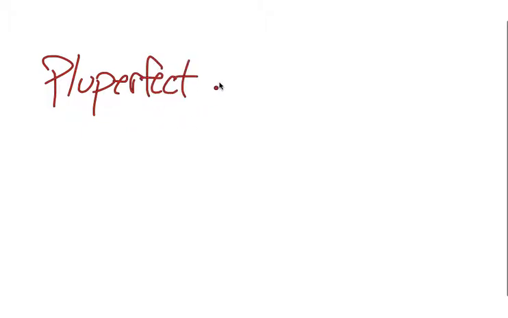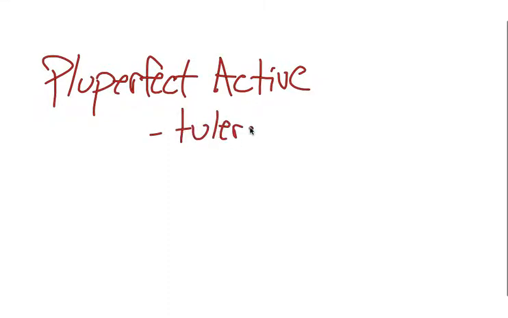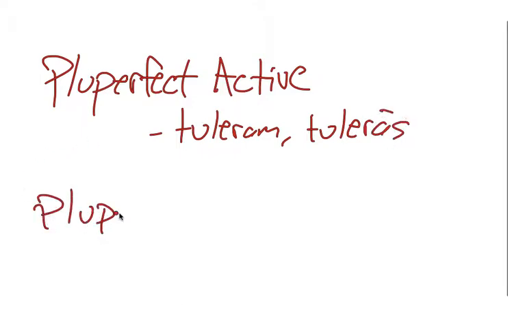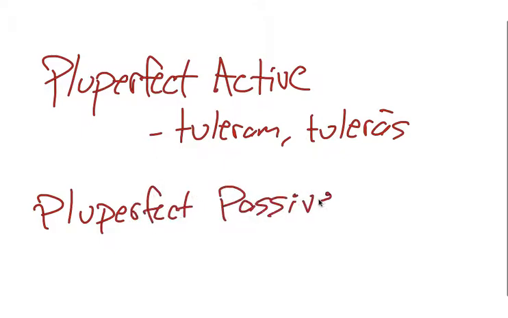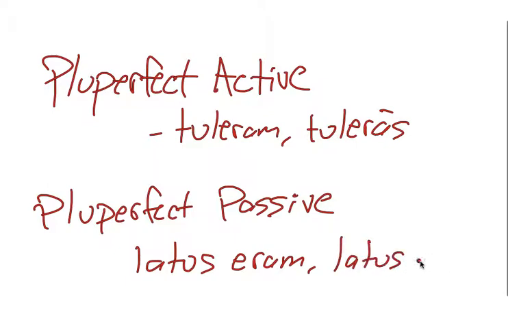Just real quick, pluperfect. Active would be tuleram, tuleras, and then pluperfect passive would be latus eram, latus eras. So you just use the fourth principal part plus the imperfect endings of sum.